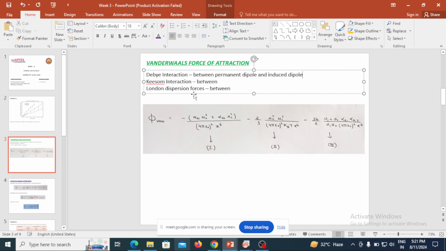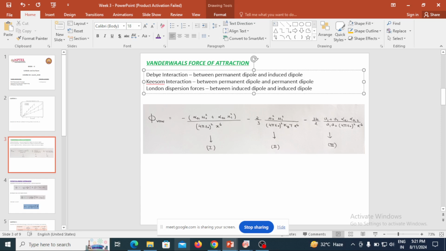Keesom interactions will exist between two molecules which have a permanent dipole moment. And your London dispersion forces will exist between two molecules that have an induced dipole moment. Induced dipole and induced dipole.